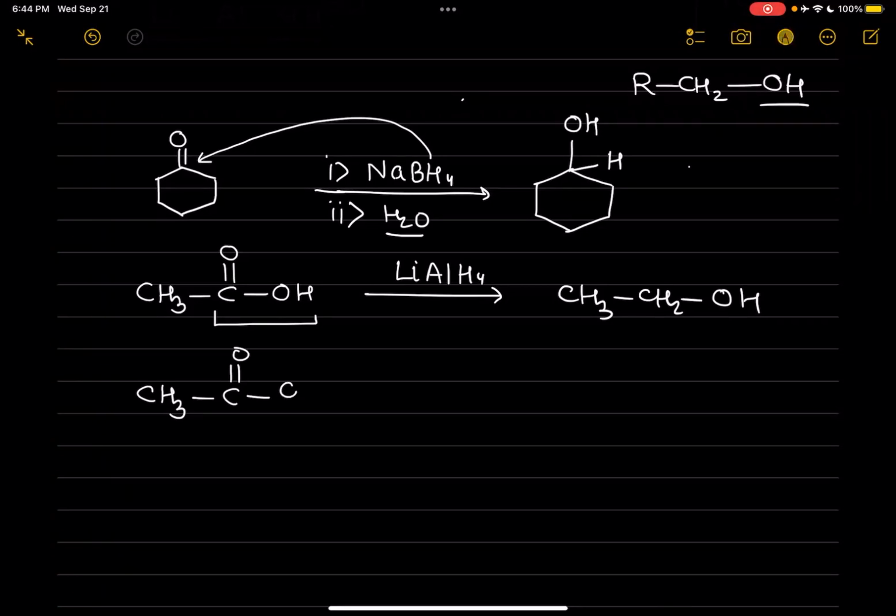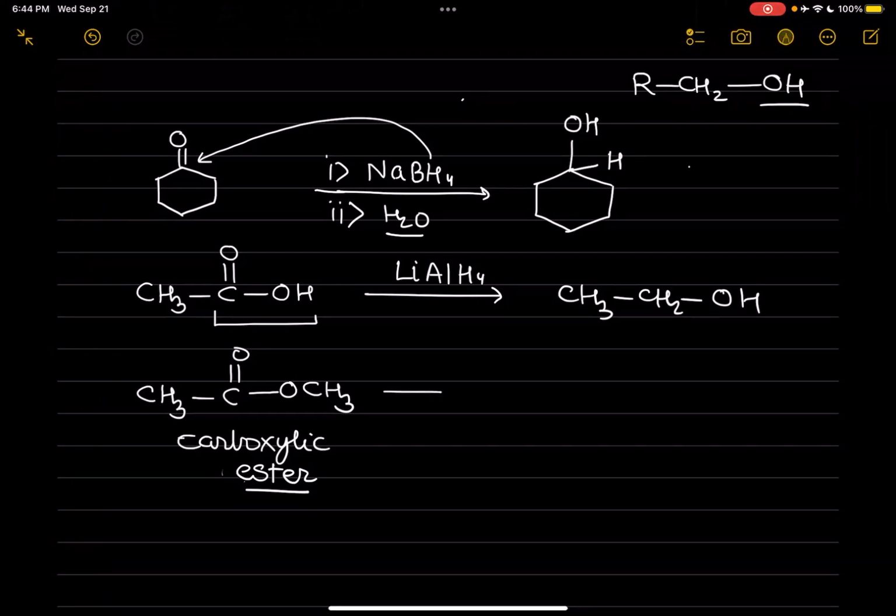So you have O and another alkyl group that has come from alcohol. Okay, this is an ester. Or simply you can write ester.